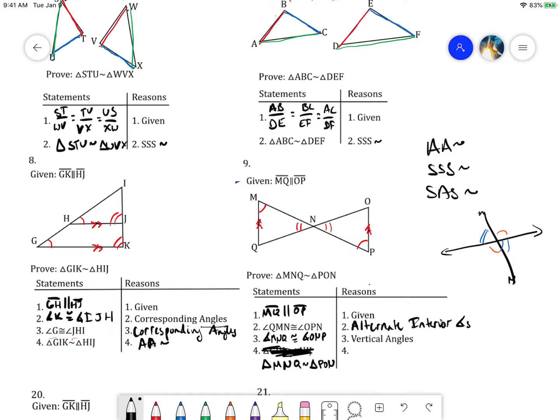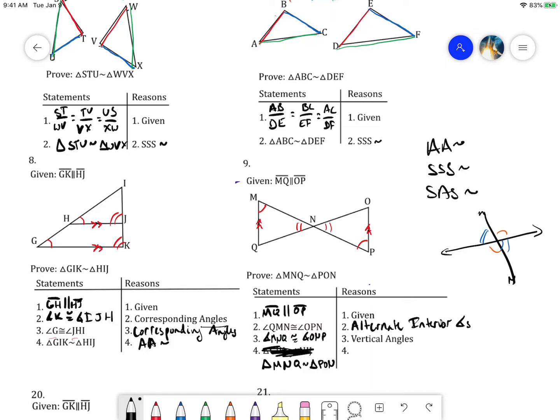Why? Which are the reasons? We have again angle similarity, side similarity, or side similarity. Which of those three did we use? Well, just look at our statements.